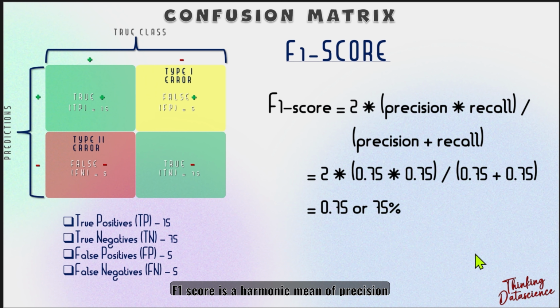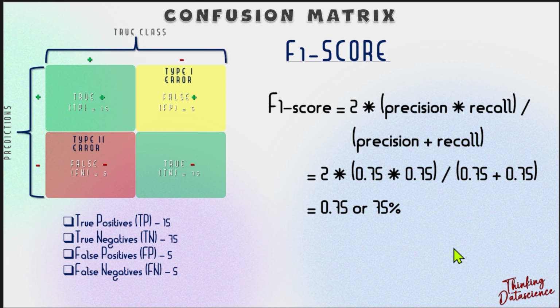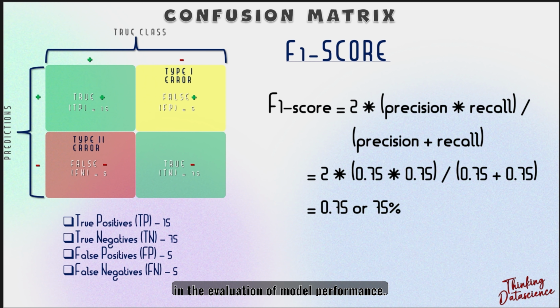F1 score is a harmonic mean of precision and recall, and it is given by this formula. So F1 takes into account both precision and recall, which are two important metrics in the evaluation of model performance. The F1 score is particularly useful in situations where the classes are imbalanced, as it provides a more balanced evaluation of the model's performance.